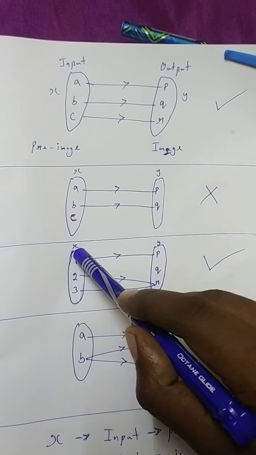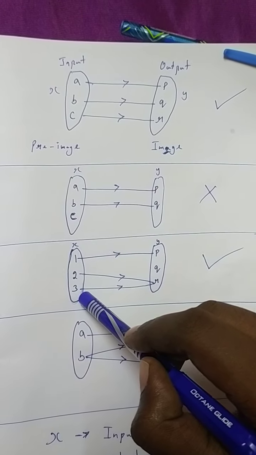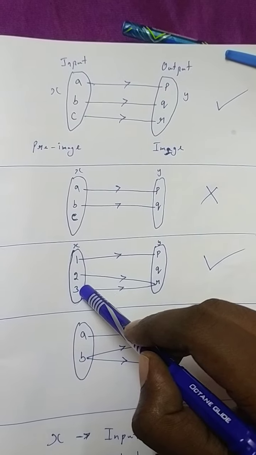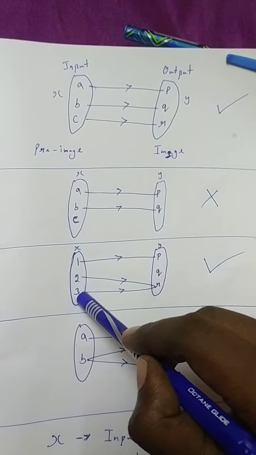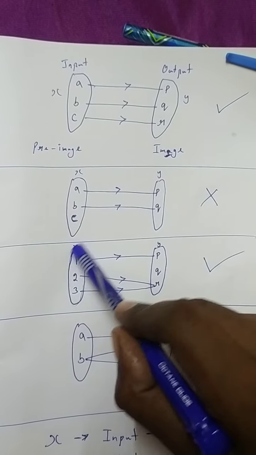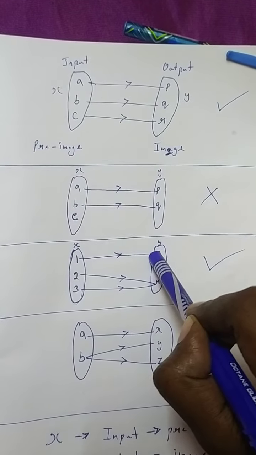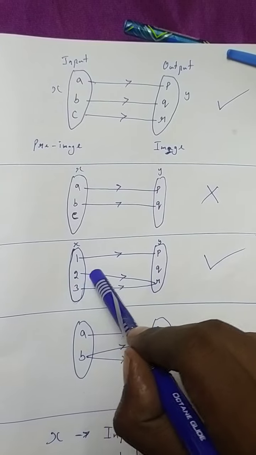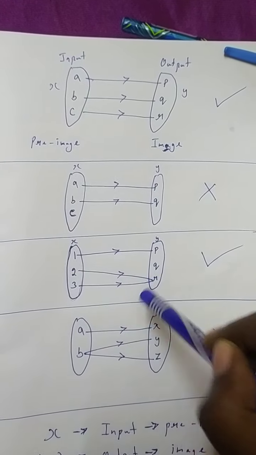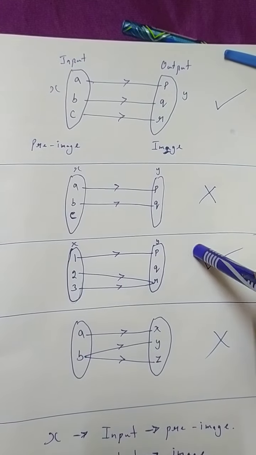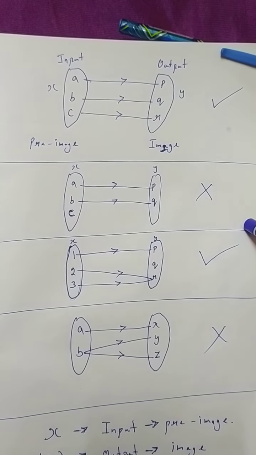Second condition: the images should be unique, which means all the elements have only one image. So how many images for 1? Only one image. How many images for 2? Only one image. How many images for 3? Only one image. Therefore it is also a function.